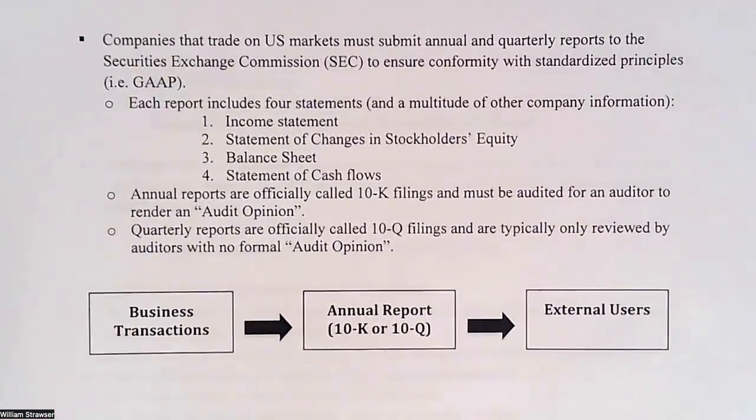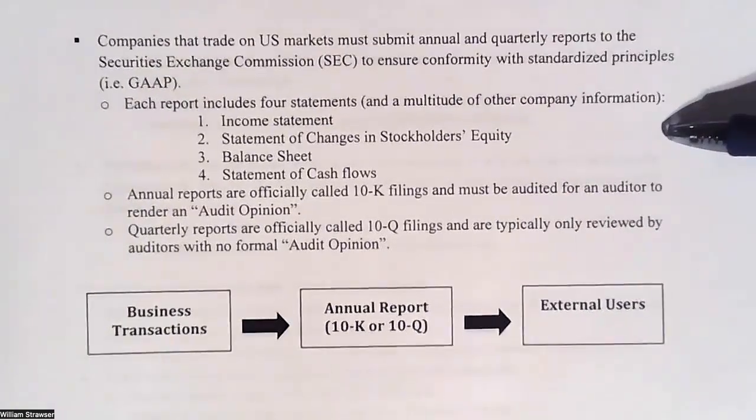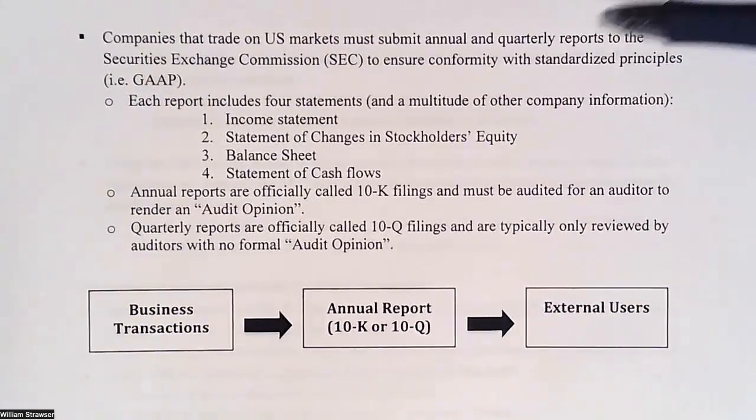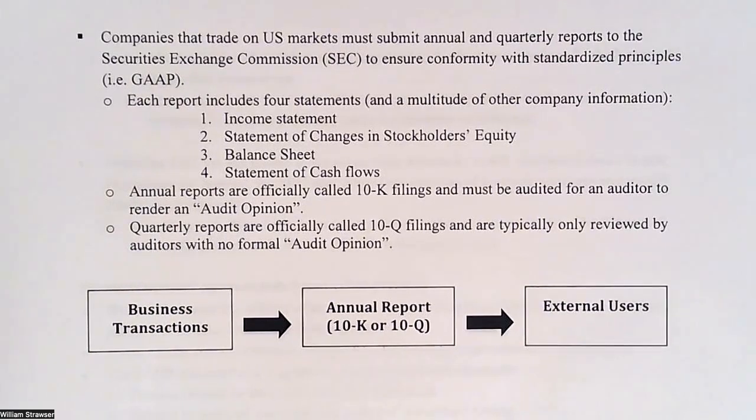As I mentioned, companies that trade on these US markets have to submit annual and quarterly reports to the Securities Exchange Commission, the SEC. Those reports will be looked at by the SEC, which is a regulatory body, to make sure they conform with standardized principles. That is what we know as US GAAP.